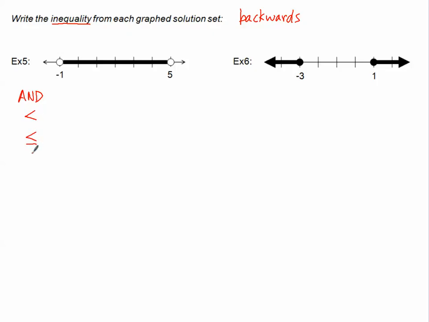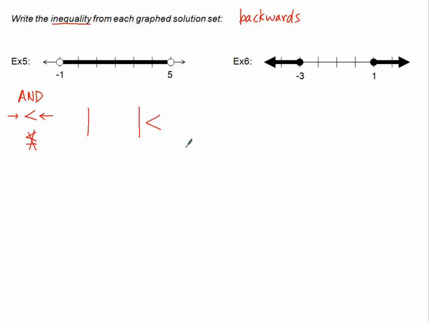It has to be one of these two symbols. And if I look further, I see that I have open circles. If I have open circles, that means I'm not including anything, so I'm not using the equal to part. So I must be using this symbol right here. So I know that my answer is going to have the absolute value of something is less than something. I know that just based on the open circles and that it's shaded in between.